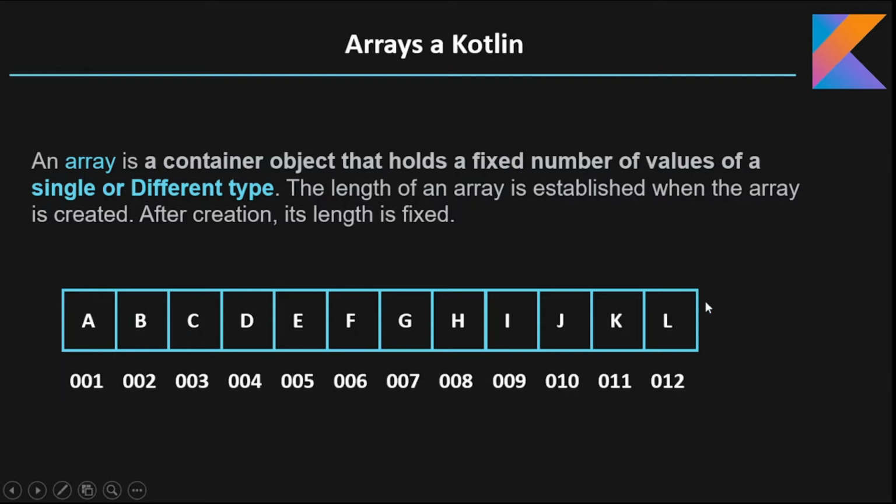So it can hold 12 characters, and we have specified a space in memory for 12 characters. That's why we cannot extend it to 13, 14 and so on. So we have to establish its size at the time of initialization of the array. After creation, its length is fixed.